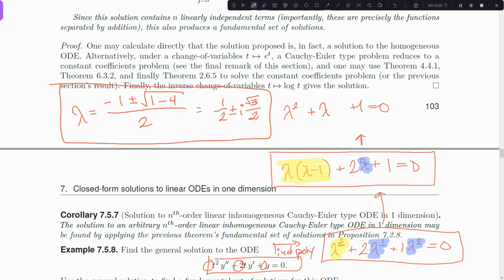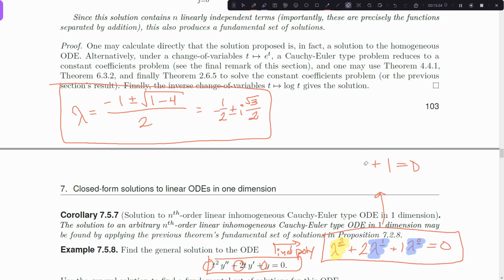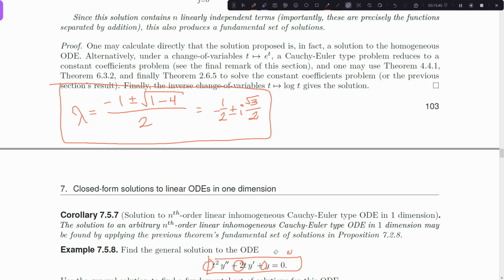And I'm going to give myself a little bit more space here to actually construct my solution using my theorem then. We'll recall our theorem said we take powers of t to the lambda. The solution is powers of t to the lambda, so long as lambda is multiplicity 1. As we step up in multiplicity, then we add powers of log.